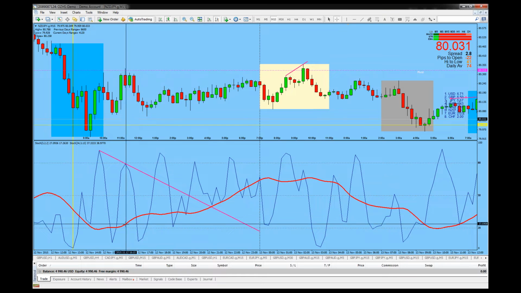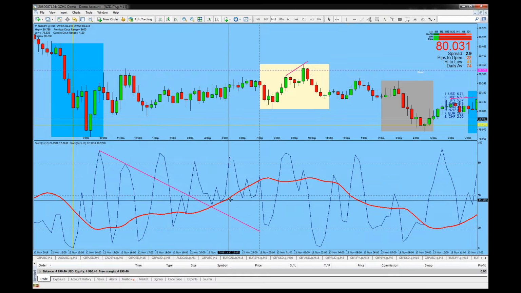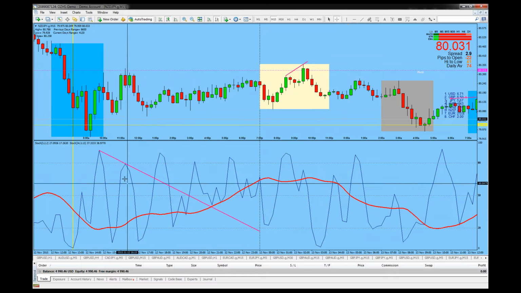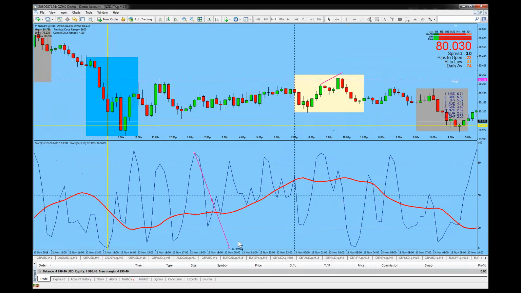With a rising slower stochastic. All right, let's just shift this over here. We got a rising slower stochastic, so we want to look for an upward trend line break right there. Okay, there's our peak. And it's a trend line break, and then that's another entry.